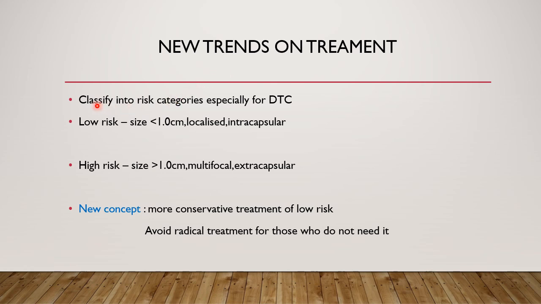Because of the special features which I mentioned, we tend to classify the patients into risk categories, especially the differentiated thyroid cancers, papillary and follicular. You classify them as low risk, according to the size of the tumor, which is less than 1 centimeter or less than 10 millimeters, localized to the thyroid and intracapsular. The second group will be the high risk group, which has a tumor size of more than 1 centimeter, or it can be multifocal and even extracapsular.